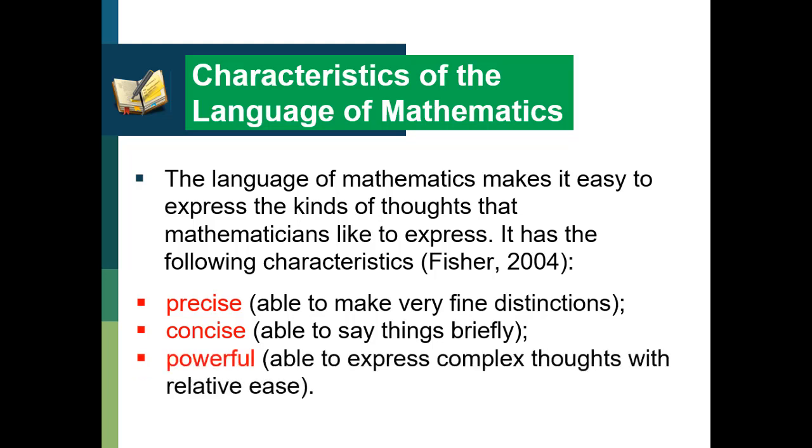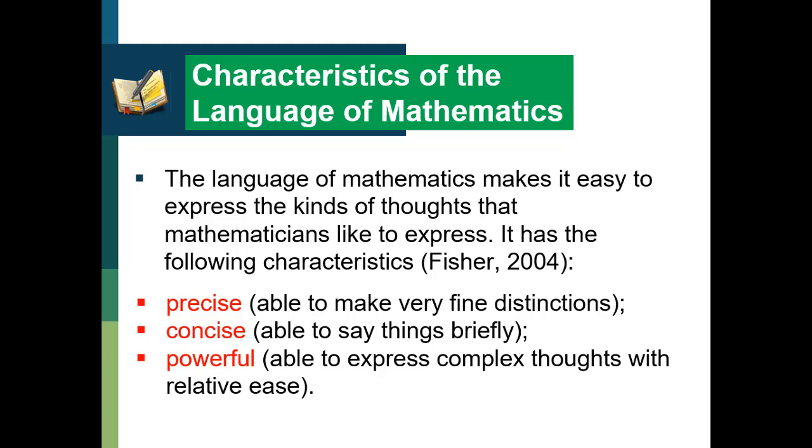And lastly, it's powerful, able to express complex thoughts with relative ease. This means that although some things are stated in a complex and complicated manner, with the use of mathematics, you can write a very complicated statement as a simple formula. For example, the law of acceleration.